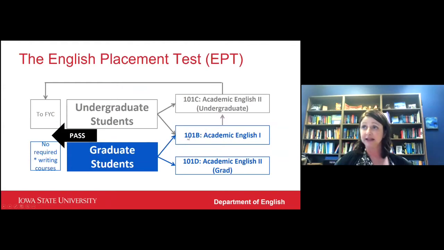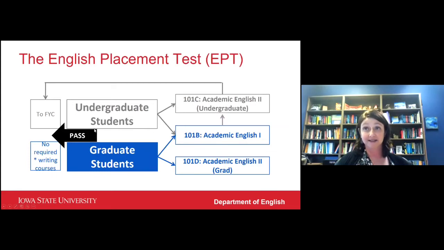They can be placed into 101B, an academic English writing course, which will have undergraduate and graduate students. It's the lowest level of additional ESL support for international students at this university. They can also be placed into 101D, which is Academic English 2 for non-native speakers. This is a course that is specifically targeted toward graduate students and focuses on research writing.